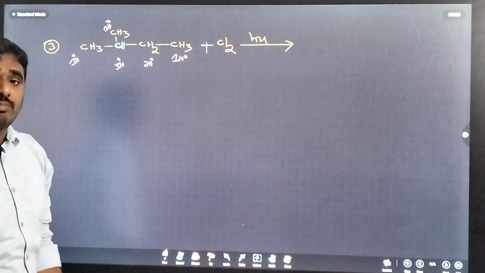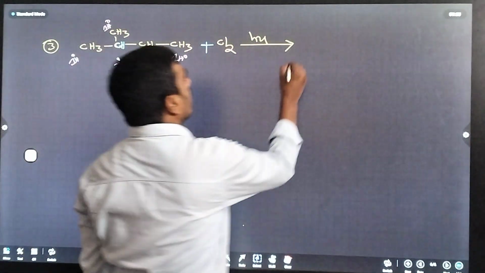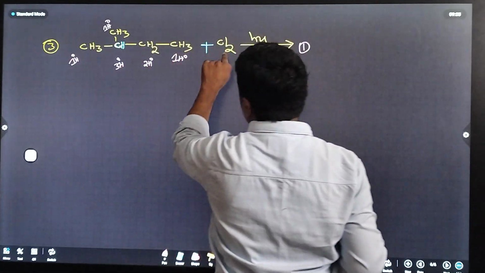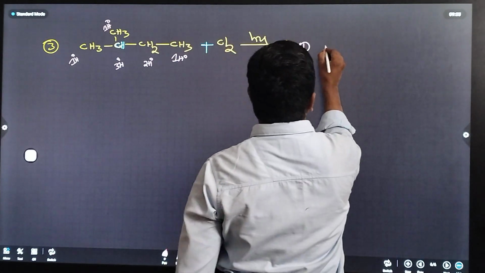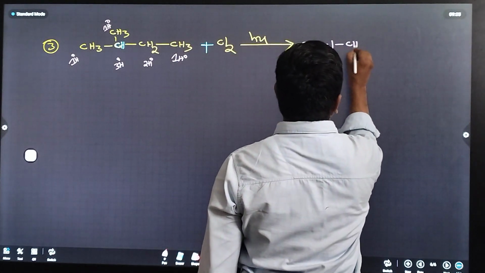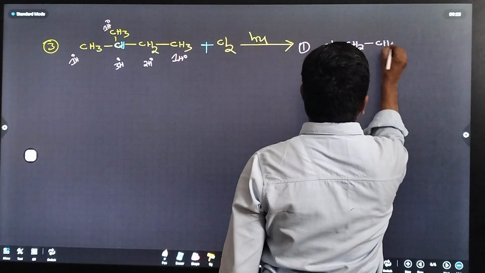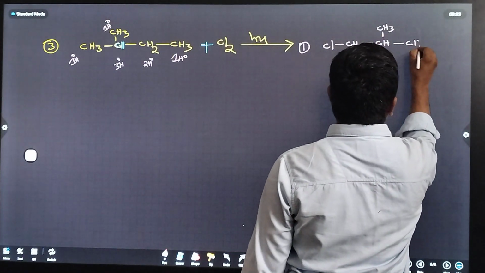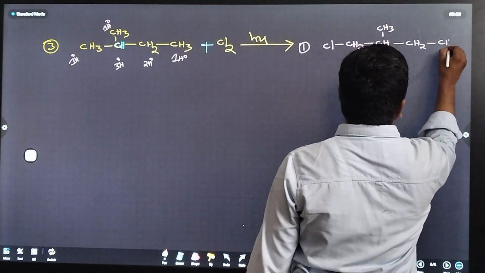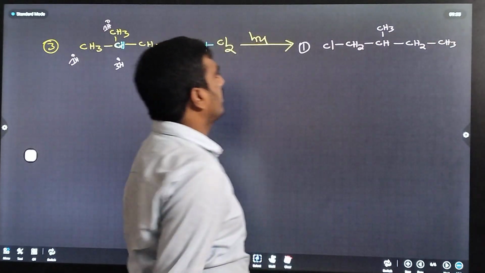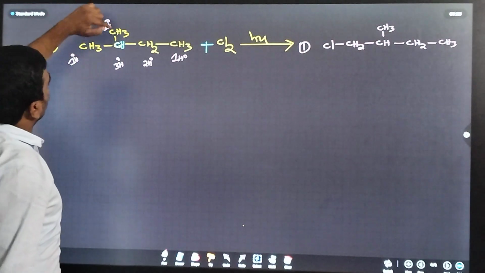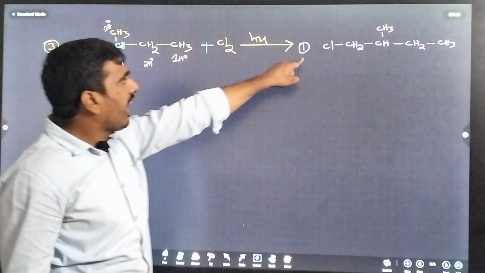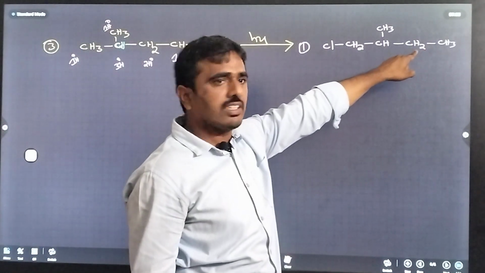So which product is obtained? First product: this hydrogen replaced by this chlorine atom, so we get one product, Cl CH2 CH, CH3 and CH2 CH3. Whenever this hydrogen is replaced by the chlorine atom, we get the same product.